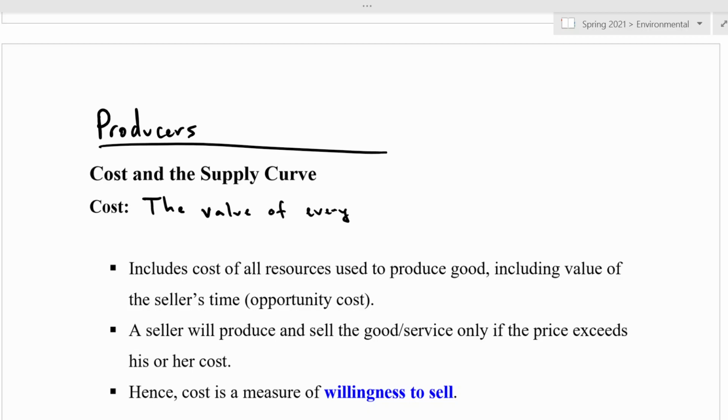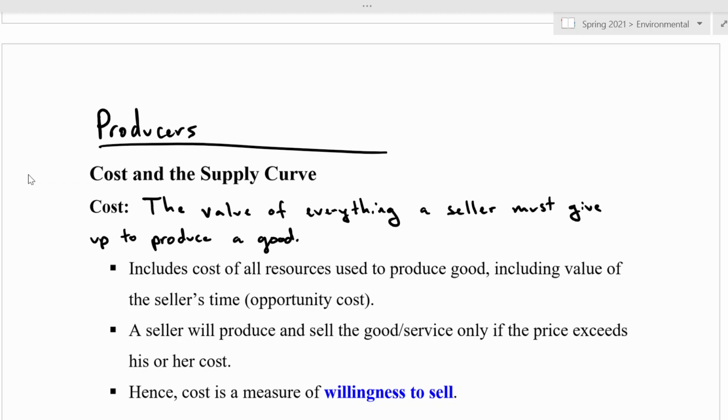The value of everything a seller must give up to produce a good. Okay, these are input costs, the cost of the resources, the cost of the labor and the machines and all of that, but it's also opportunity cost.